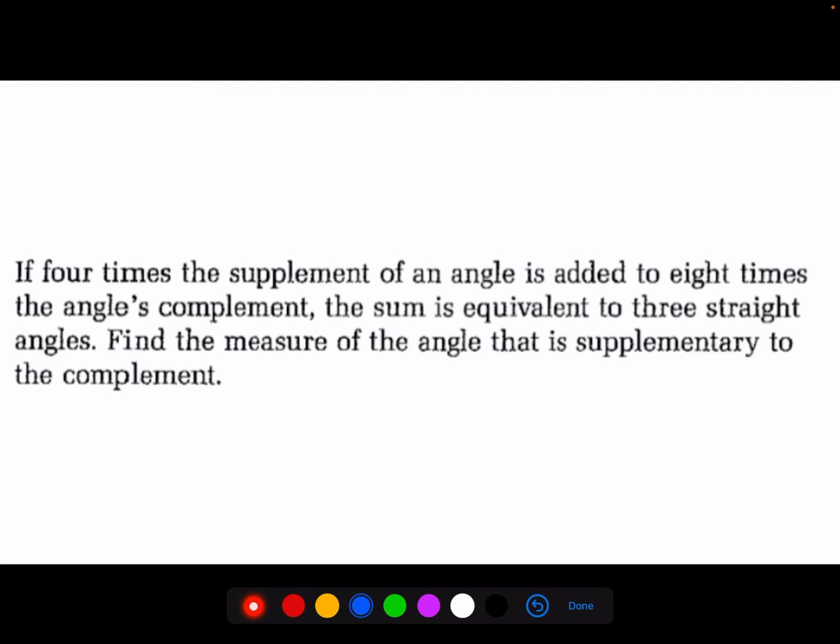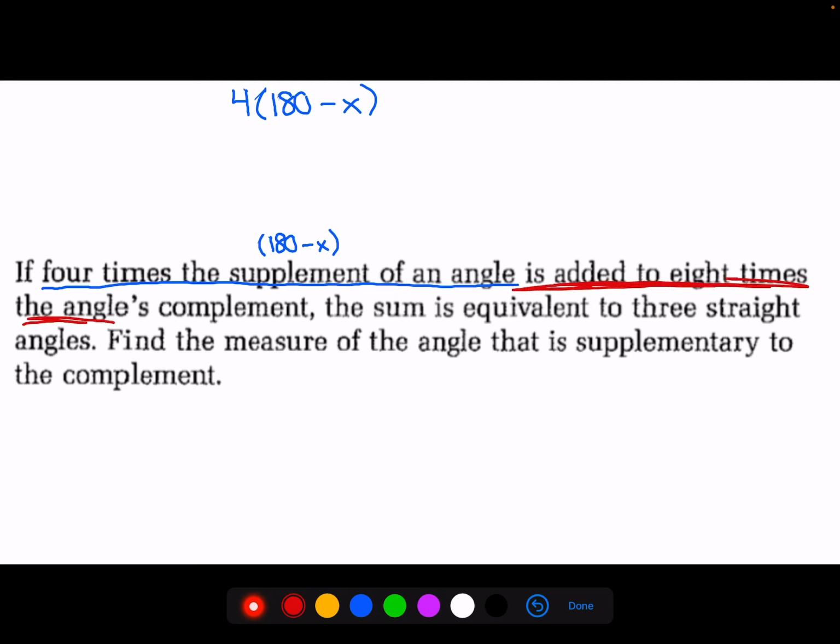All right, so if 4 times the supplement of an angle, and when they say supplement, they mean 180 minus x, so 4 times the supplement of an angle is added to 8 times the angle's complement. So I'm adding this to 8 times the angle's complement, and when they say complement, they mean 90 minus x.